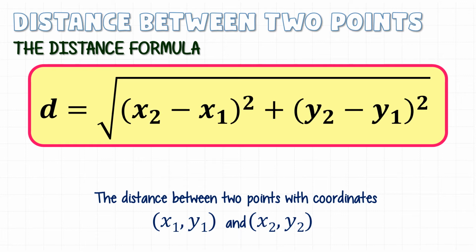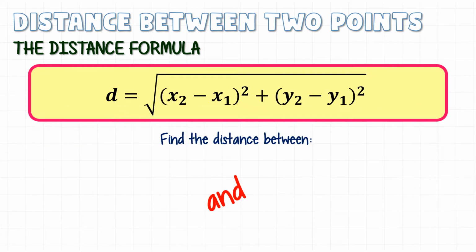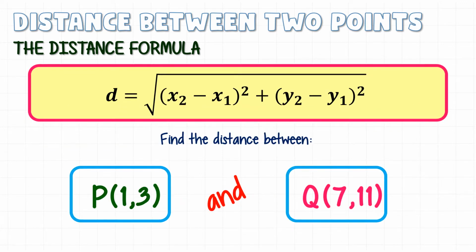Let us try to solve some examples. Let us find the distance between points P at (1, 3) and Q at (7, 11). So, pwede nyo gamitin kahit sinong x sub 2, x sub 1, pero ang gagawin ko ay, this is x sub 1, y sub 1, and this is x sub 2, y sub 2.